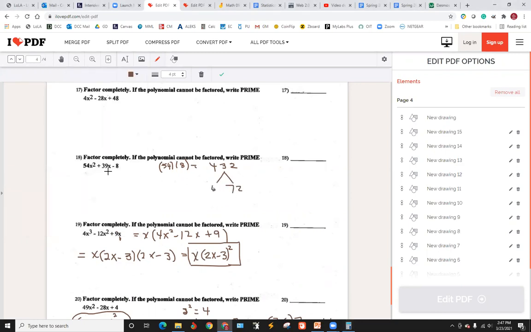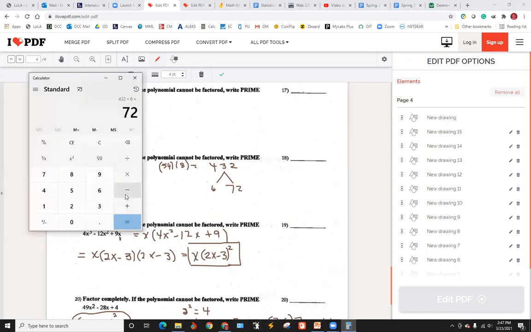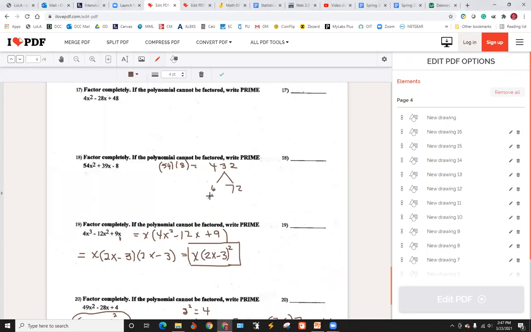The difference between that is not 39. Let's see. So that's not it. All right. So this has got just a little bit more to go. This is 2 times 3. All right. So we want.